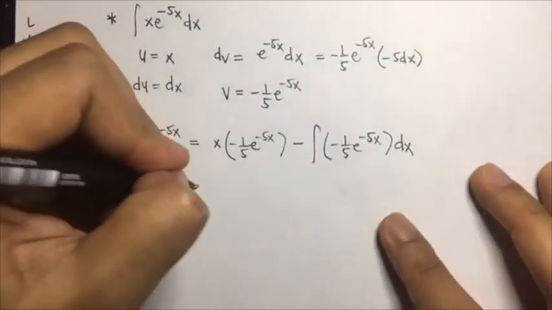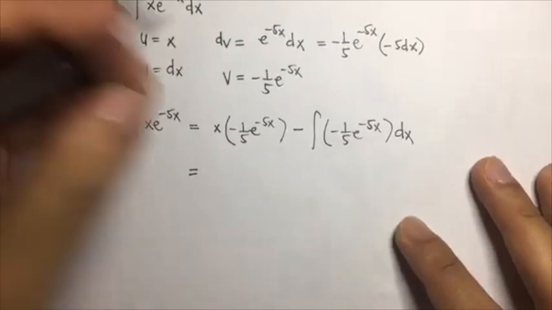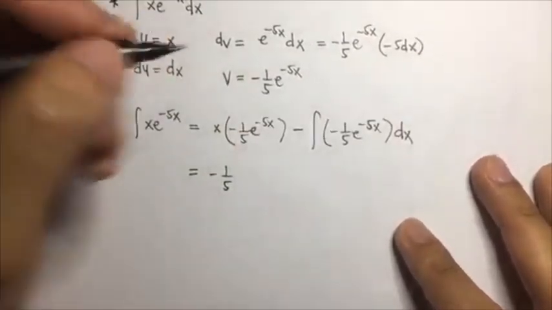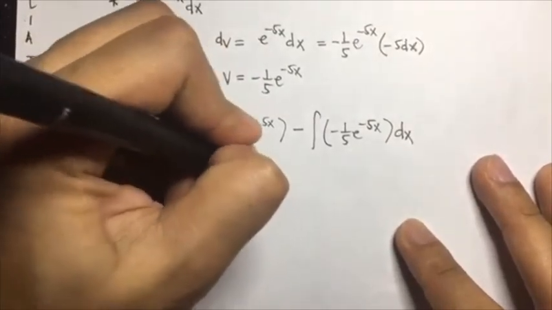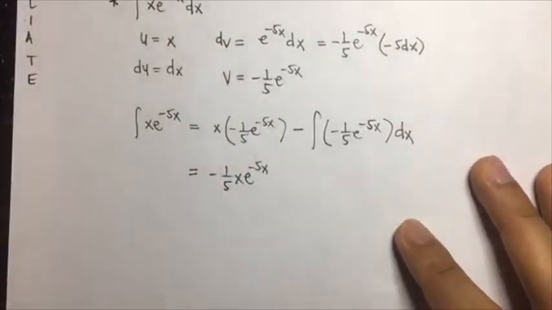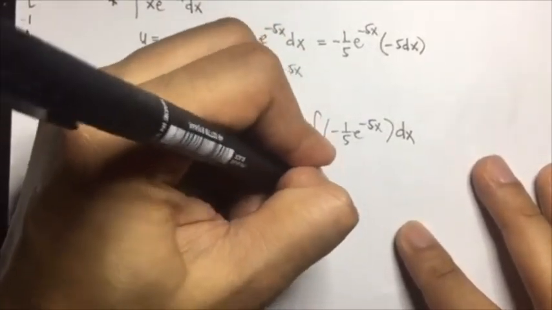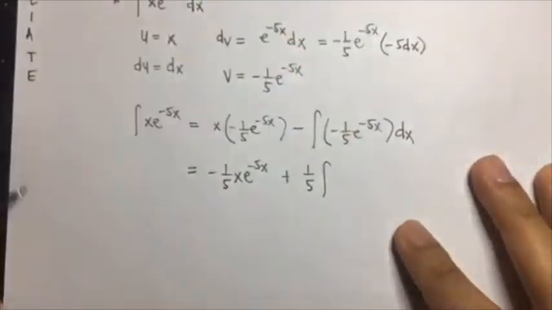So this will become negative 1/5 x e raised to the negative 5x, plus 1/5 integral of e raised to the negative 5x dx.